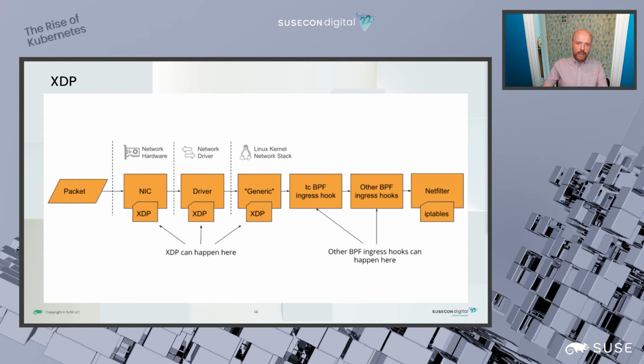By attaching at that point, there's a disadvantage, which is that you can't maintain flow state, but it's great for things like denial of service mitigation. And then other eBPF ingress hooks attach a little bit later, still before the NetFilter processing.